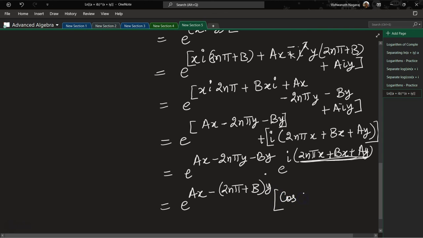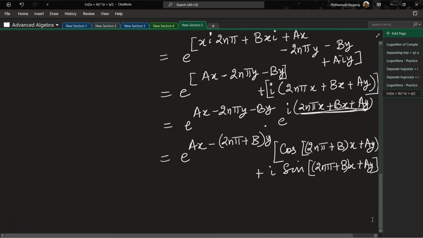So cos of, x is common, so let's take it together: cos of (x(2n pi plus B) plus Ay) plus i sin of (x(2n pi plus B) plus Ay). Now let me write it again, because ideally it should be in a single line so that you can see what is exponent. So here what do we have?